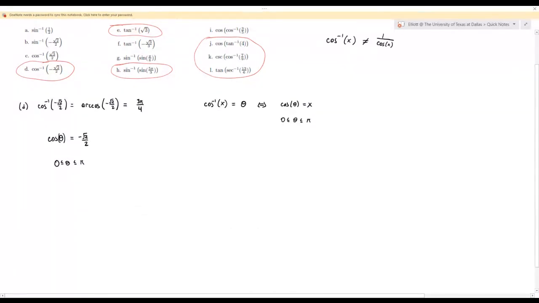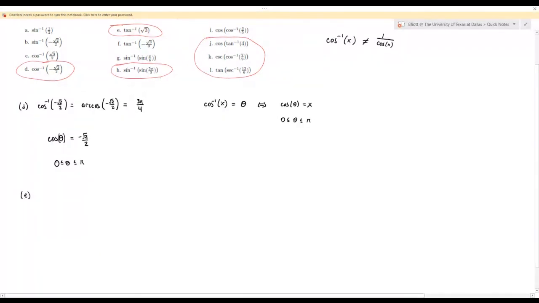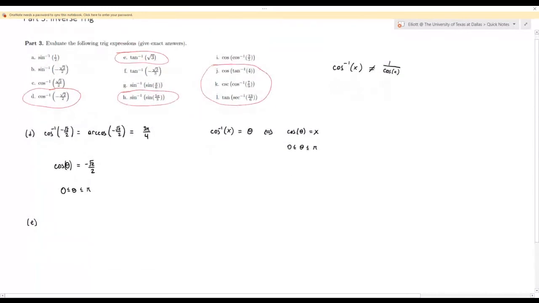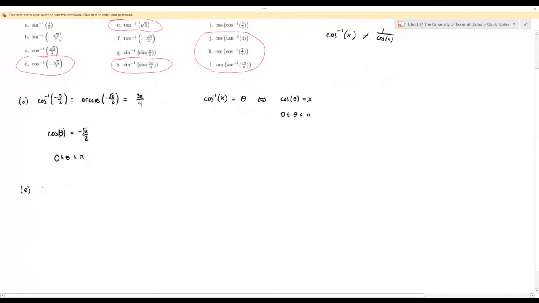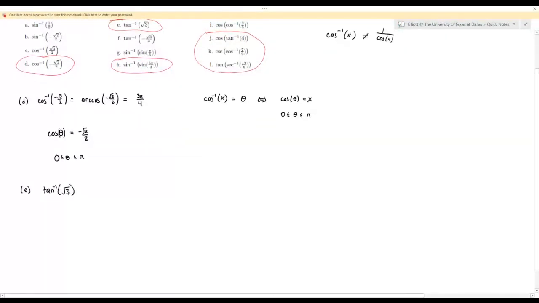So let's look at E next real quick, and then I'll start doing some of the more composite ones after that. For E, we have the arctangent, or the inverse tangent, of root 3. Okay. So we'll talk about inverse tangent now. Again, it gives you some angle.